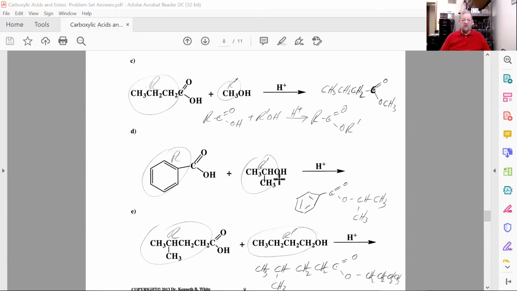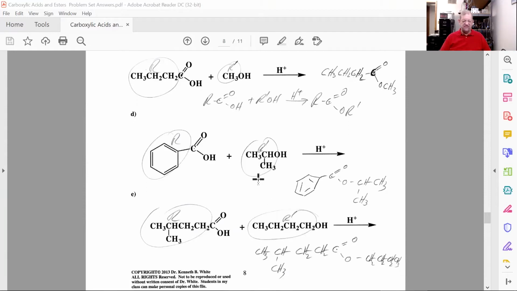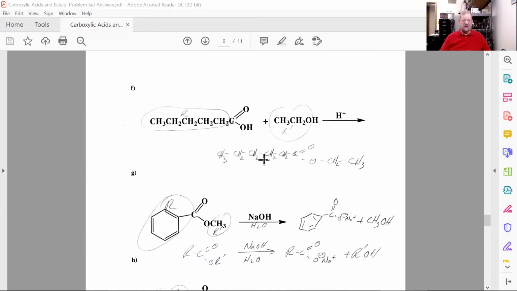The carbon with the hydroxyl group, the middle one, is the carbon that's attached to this oxygen, and you get isopropyl benzoate. And I've done next ones, this makes some very, very scary R groups.